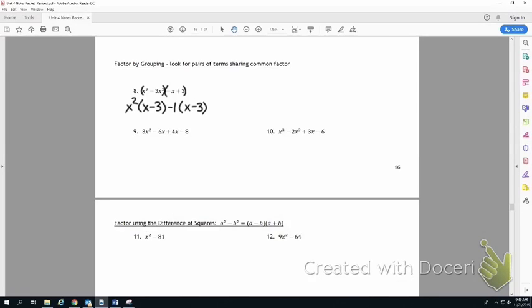Now, what do you notice? What sticks out about that right there? Maybe the negative 1 stuck out to you, but that's not what I'm looking for. So that's not the answer. What sticks out about that? I have the exact same things in the two sets of parentheses: x minus 3 and x minus 3.